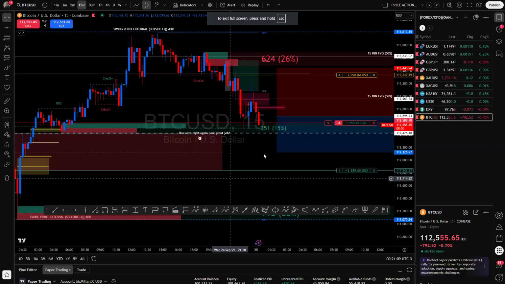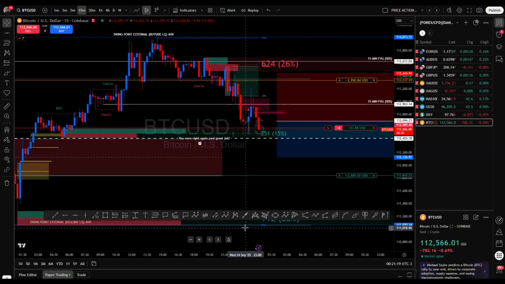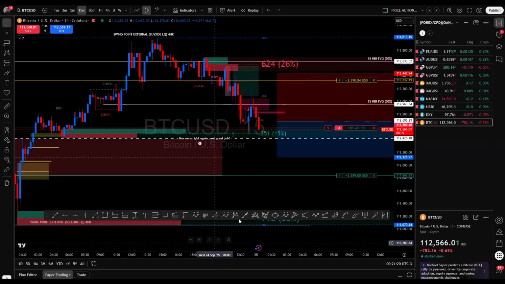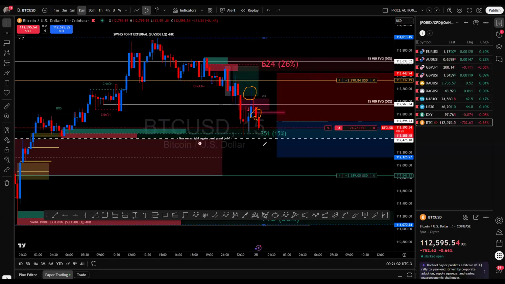It looks like we're starting to get into a little bit of profit. You can see that price reacted to this fair value gap. There was a huge wick rejection, and then we closed with fair value gap strength to close here. We'll see if price goes down a little bit further.